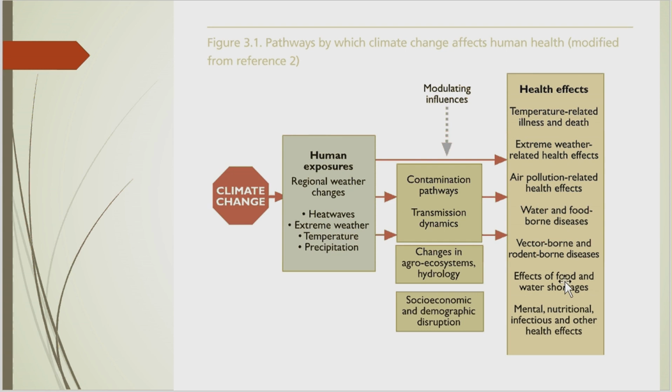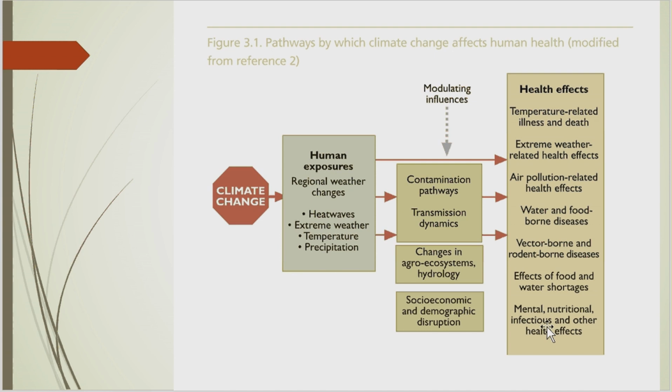Effects of food and water shortages are going to increase, say, deficiency diseases more. So as rainfall patterns change, you're going to get more food and water shortages. Mental, nutritional, and infectious and other health effects are going to occur more widely due to all of these different health effects.